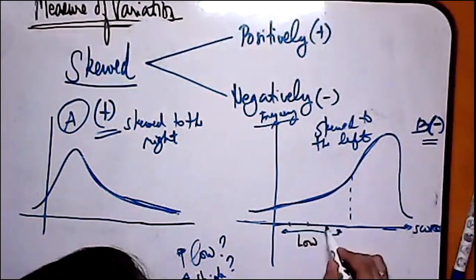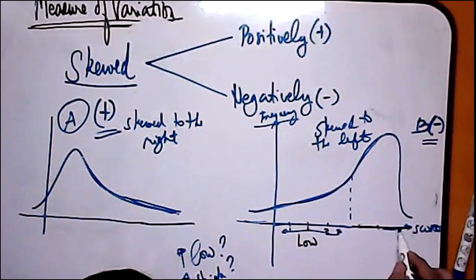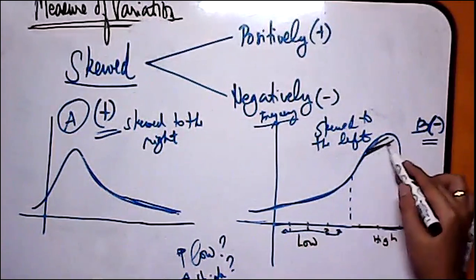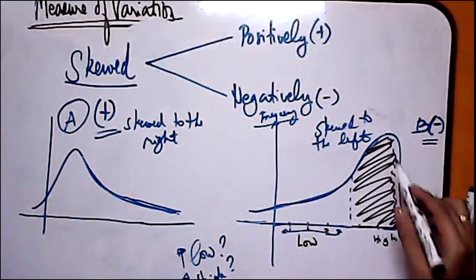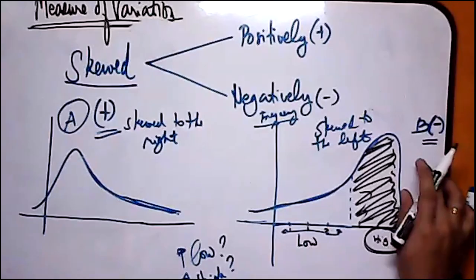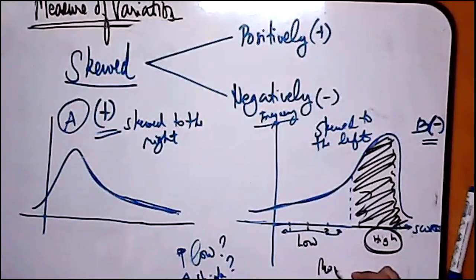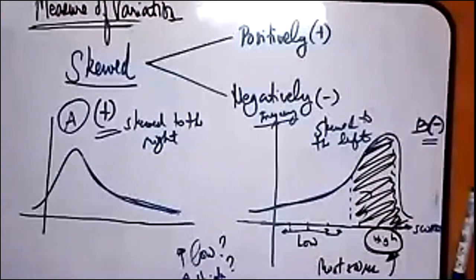Kasi 1, 2, 3 yan, di ba? Nagsisimula ka sa 1, 2, 3. Samantalang dito na yung matataas na scores. And what can you say about the area under the curve of this part? Matataas, di ba? In other words, in a negatively skewed distribution, most scores are high.